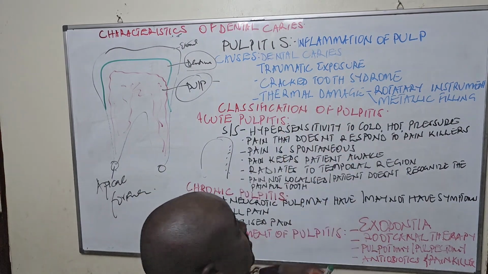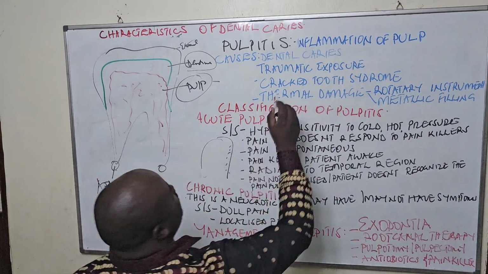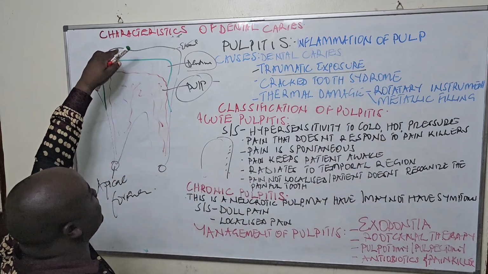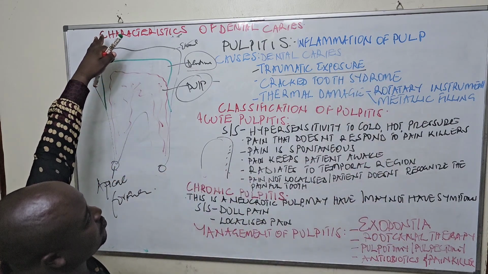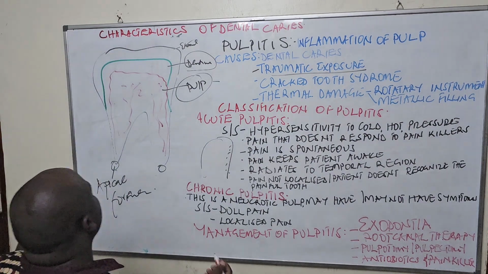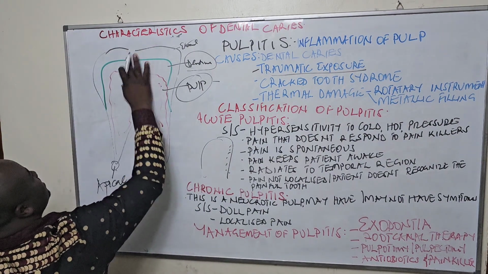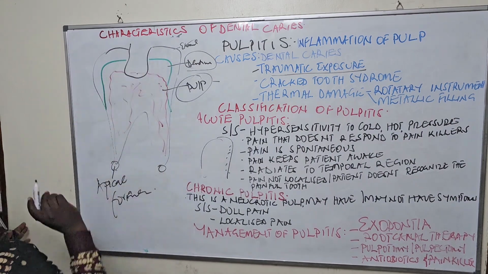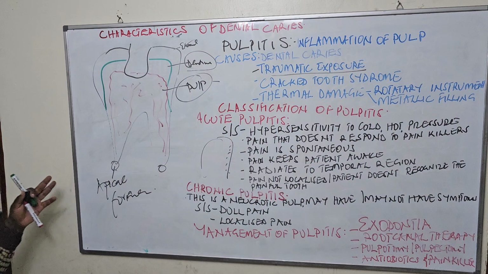What causes this? Number one, we have traumatic exposure. For example, if this tooth is traumatized and bacteria enters the pulp here by any way, we can have what?